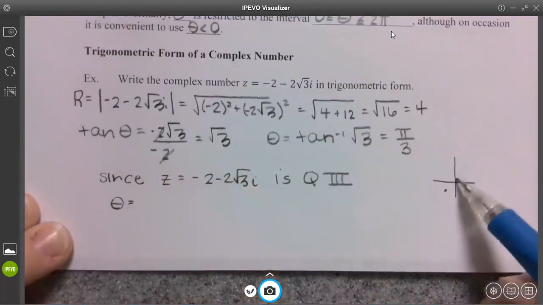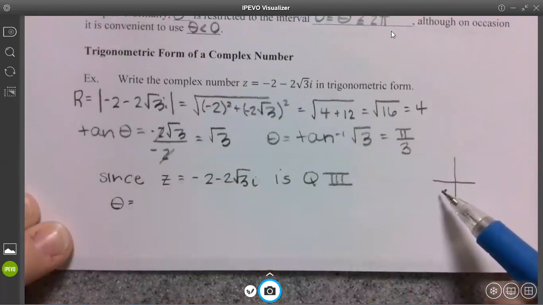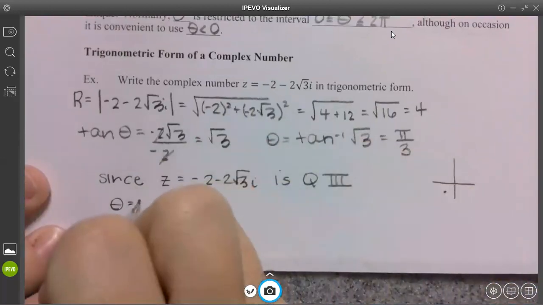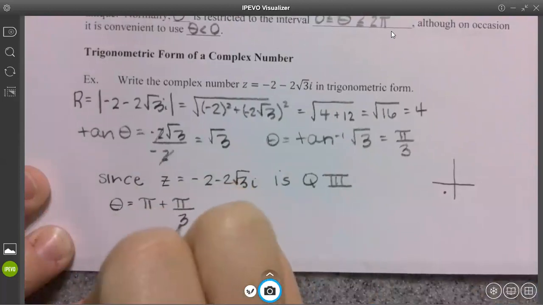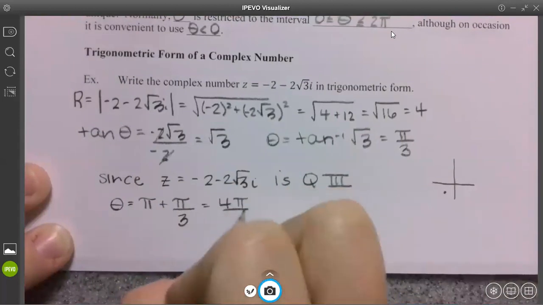Your pi over 3 is in quadrant 1. We need to get it to quadrant 3. So we're actually going to add 180, or we're going to add pi since it's in radian form. And we get 4 pi over 3.